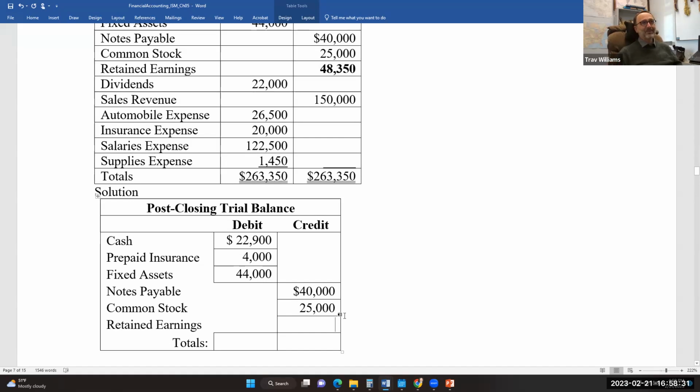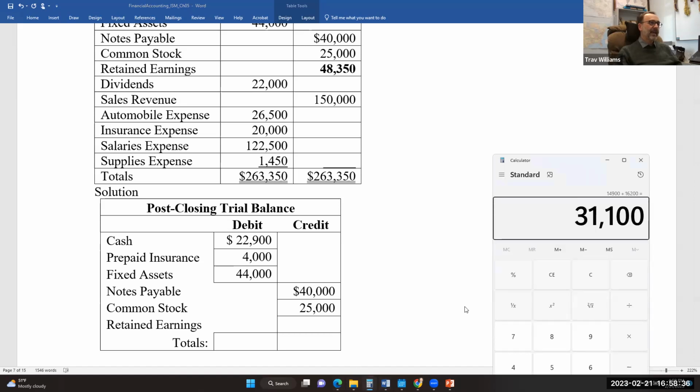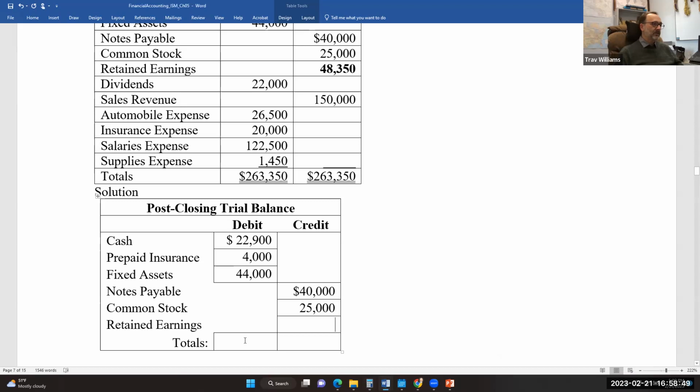Now, the easy way we could cheat here is we could take our cash, add it to our prepaid insurance and our fixed assets. So in other words, add up all of our debits. And in this example, that came out to 70,900, right? We know that our debits must equal our credits.